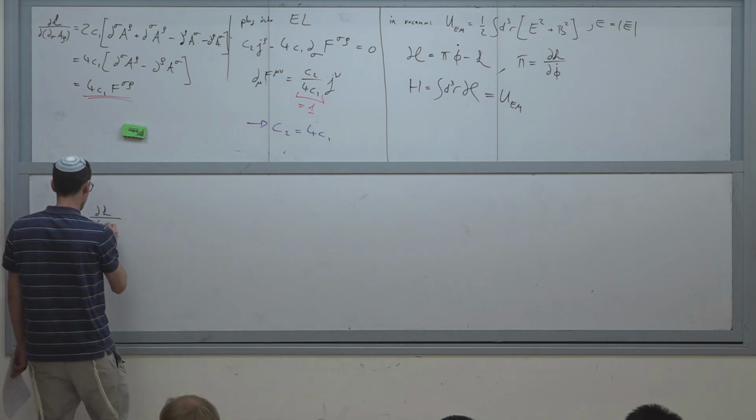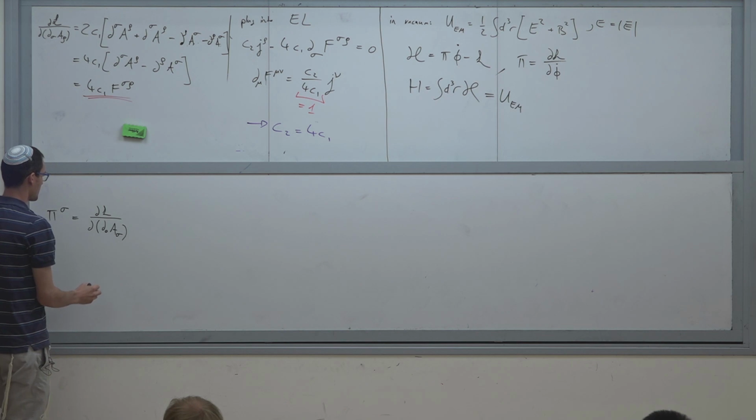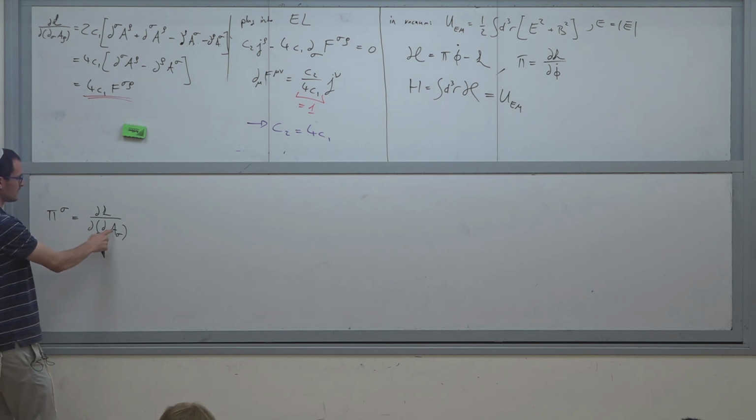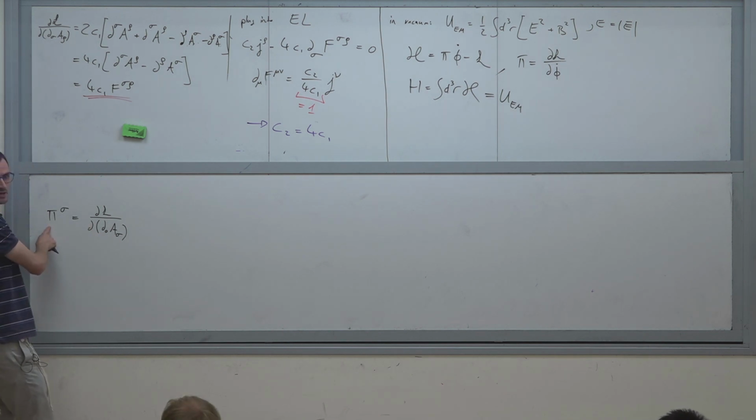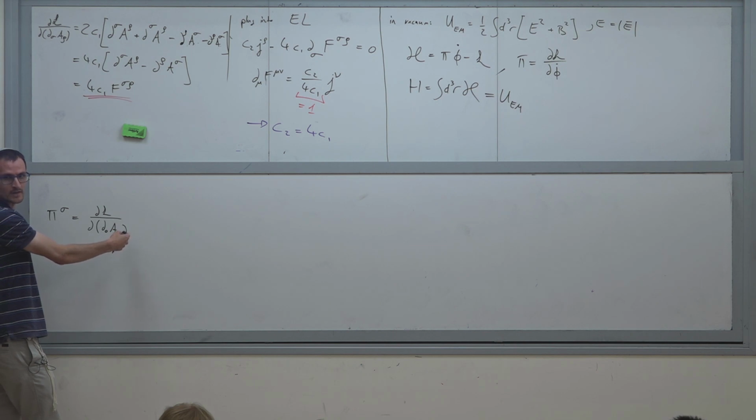So this is dou 0 A sigma. If you take the derivative with respect to dou 0 A0, then you get pi 0, which is the conjugate momentum of the field A0. And if you take the derivative with respect to dou 0 A1, then you get the momentum pi 1, which is conjugate to the field A1. Right, so there are 4 momenta and 4 fields, 1 momentum for each field. Okay?